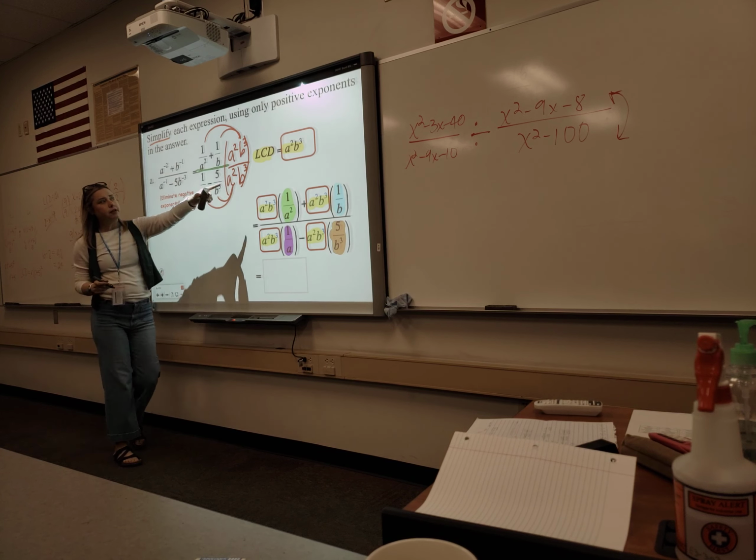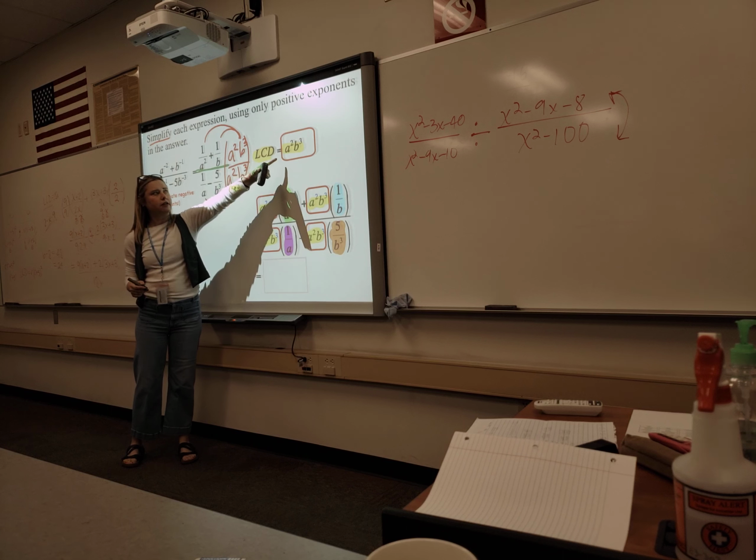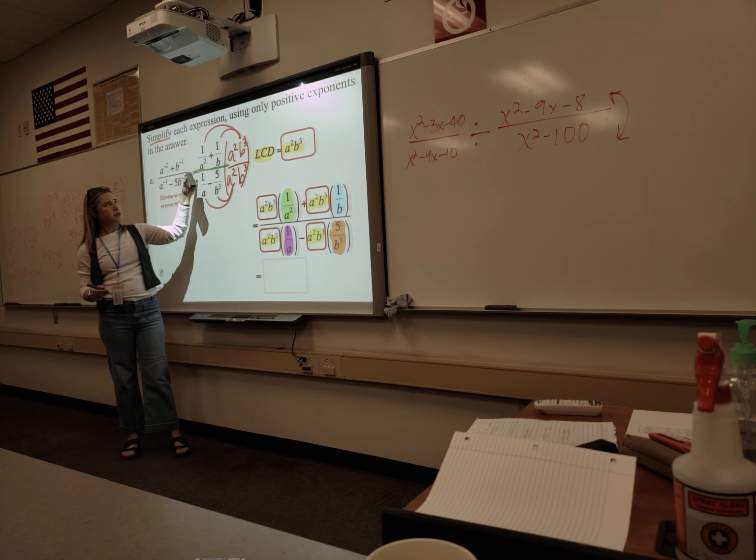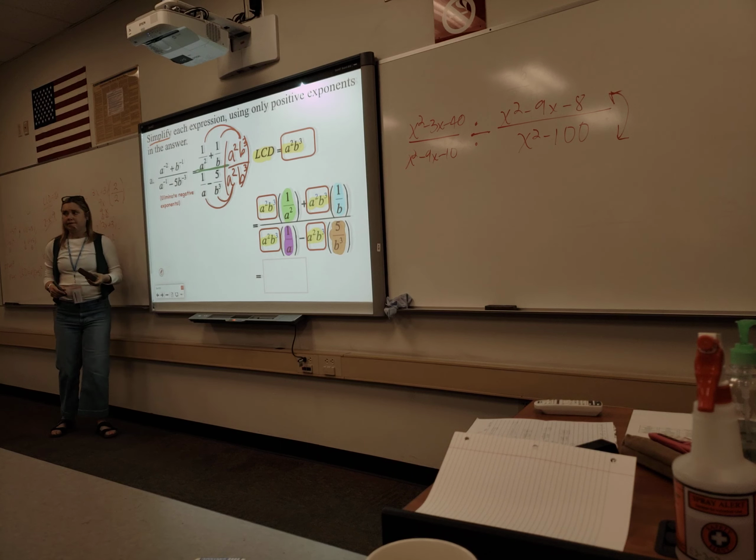Okay, so for the first one, and I won't do all these, but the first one, a squared b to the third, rainbowed into this first term, 1 over a squared. That's how we write that. LCD times the second term, and down in the denominator, each term gets represented as well.